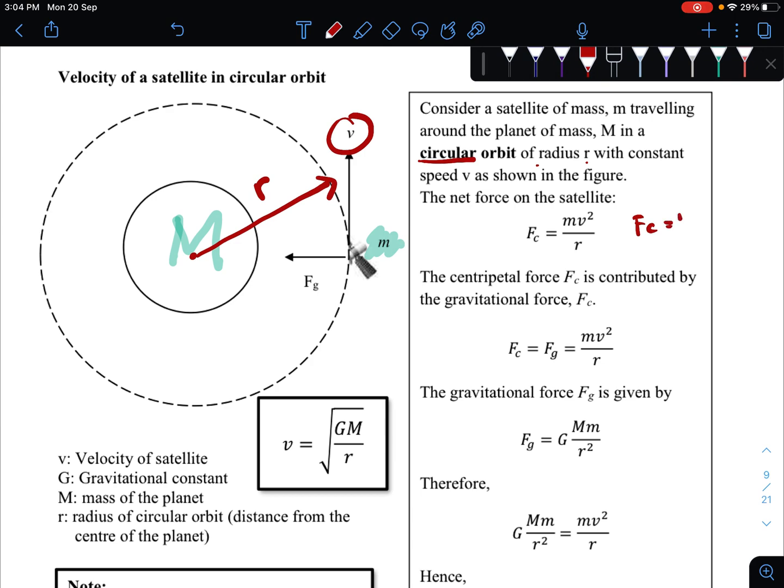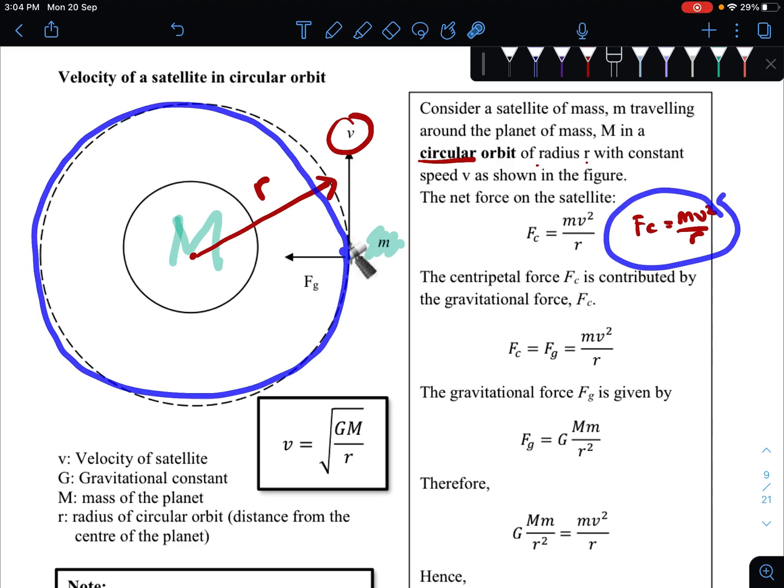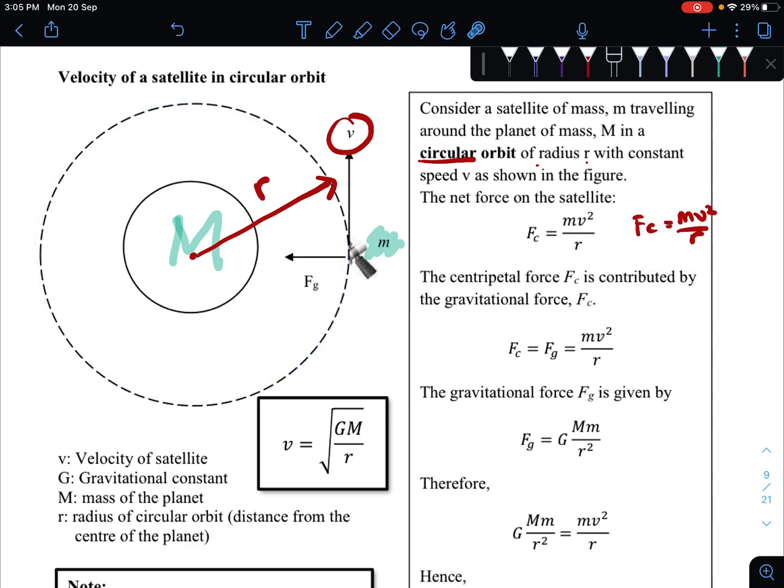So it is going to have Fc is equals to mv square over r. This is chapter 6 where we learned centripetal force. Any object that moves in a circle will experience centripetal force, that is mv square over r. And we also encountered in chapter 6 that the force that contributes to centripetal force could be any force.